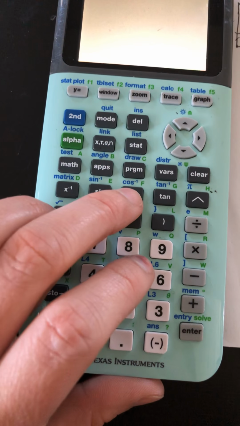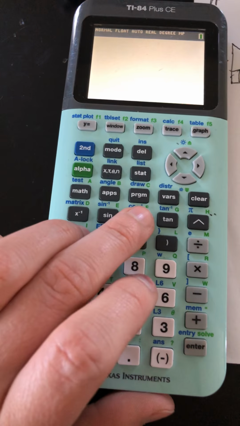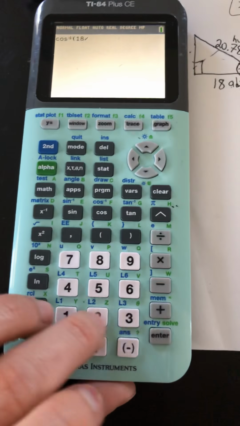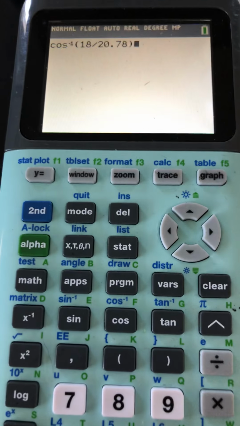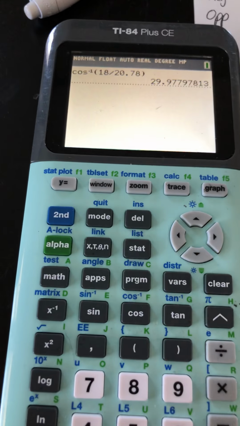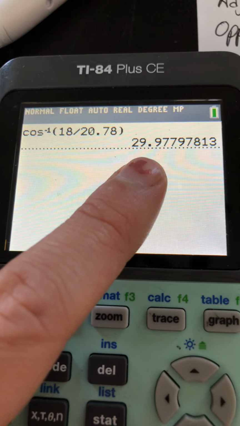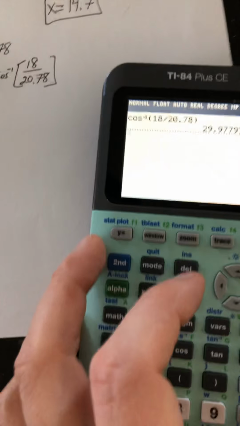So we can type in our inverse cosine on this calculator by hitting that second button to make it blue, and cosine. And then we do our 18 divided by 20.78. Just like that in the calculator, and hit enter. And this right here, that 29.97 is our answer. That's our degree measure.